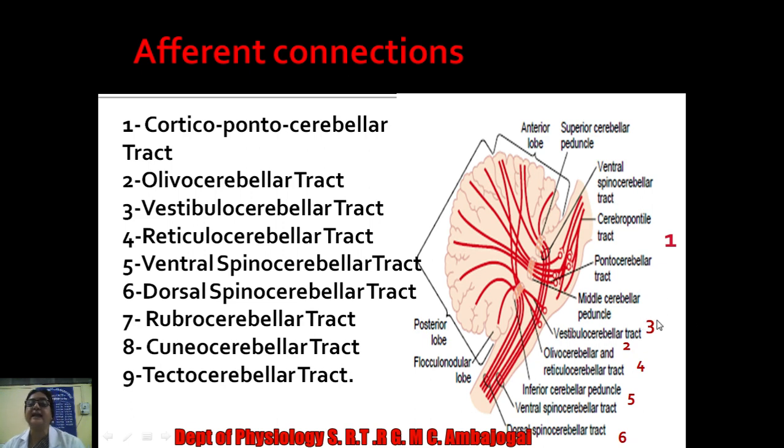This is the diagrammatic representation of all these tracts. This is the cortico-pontocerebellar tract. Next is the olivocerebellar tract. This is the vestibulocerebellar tract. Then this is the reticulocerebellar tract. Then these are the two, dorsal spinocerebellar and ventral spinocerebellar, that are the sensory tracts.